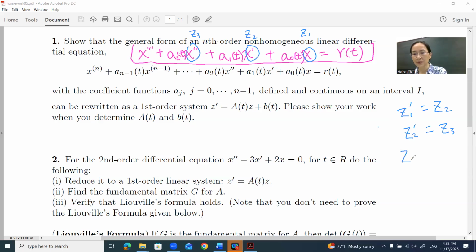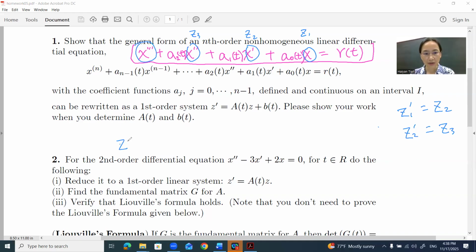And what is z3 derivative? Z3 derivative will be this term, right? X third order derivative. So let's give that equation just a little more room.